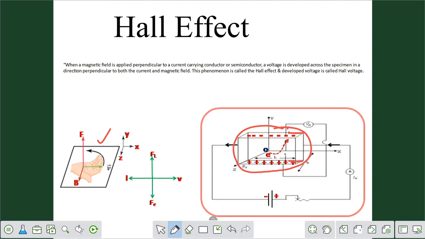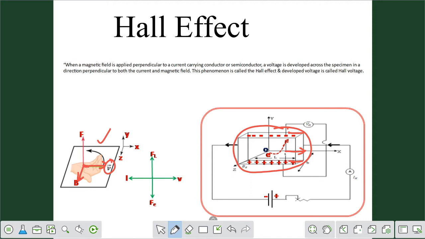The electron is moving along this direction, along the x-axis. Okay, so that is the drift velocity of the electron, and the magnetic field is along the z direction.